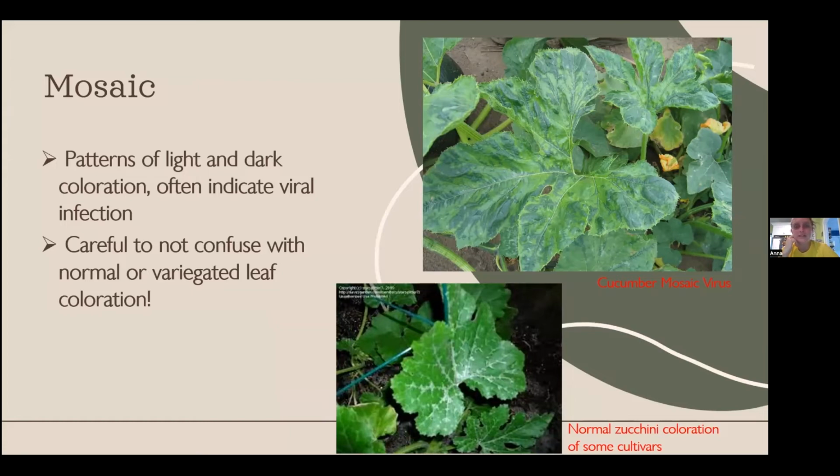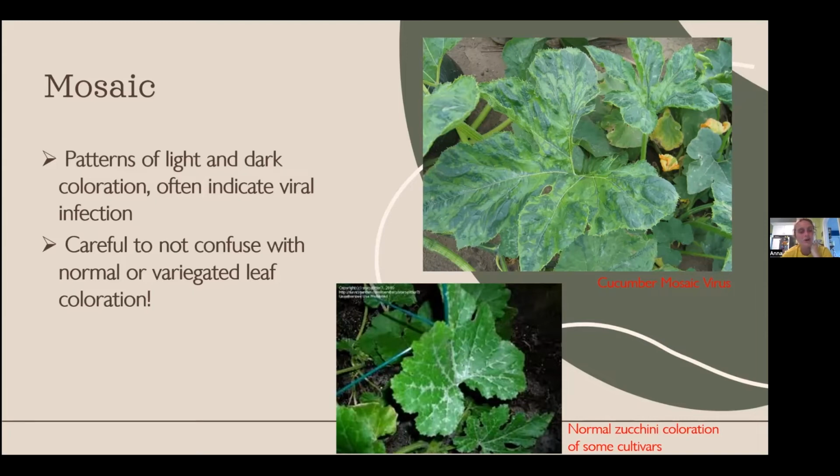With mosaic symptoms, it's important to know the normal coloration again of your healthy plants. And a really common one that I get calls about is from certain kinds of zucchini, typically showing up with this sort of mosaic pattern in the leaves where the leaf veins or the veined areas are a little lighter or white, kind of gray color to them.